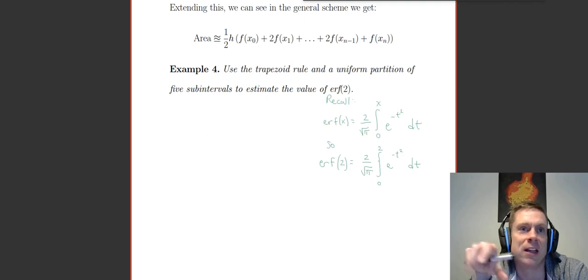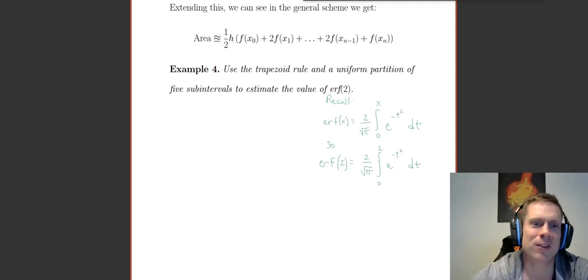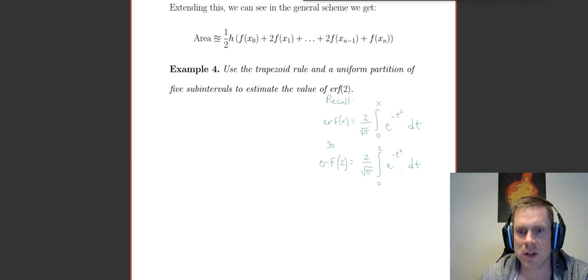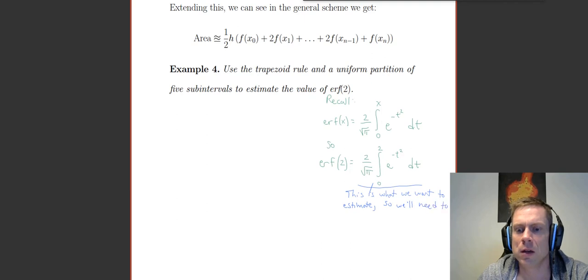And so that's the integral that we're going to need to approximate. So let's write something to that effect, and then start our work over on the left. So this is what we want to estimate. So we'll need to approximate this integral.